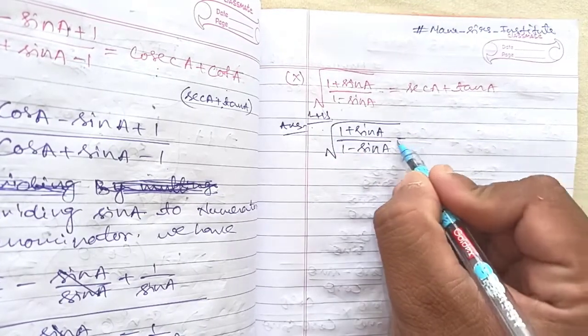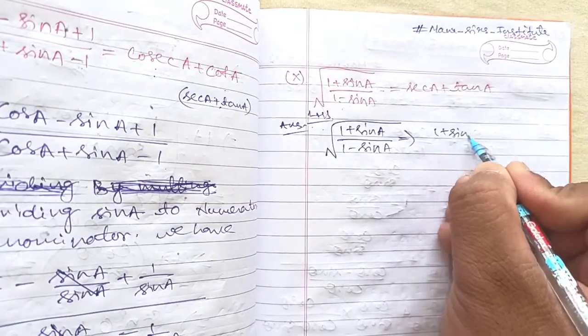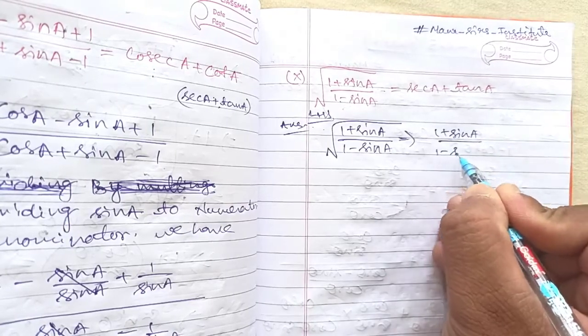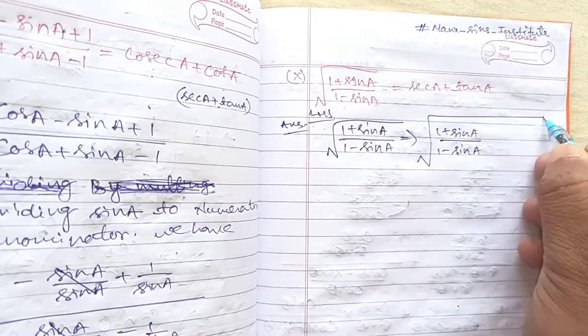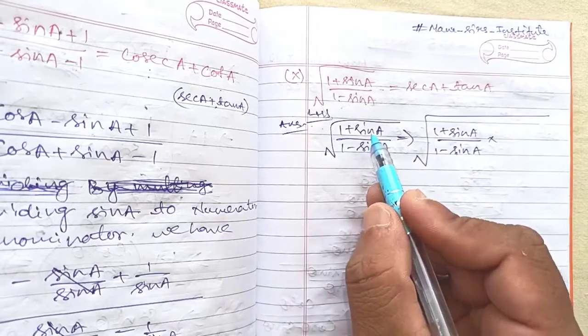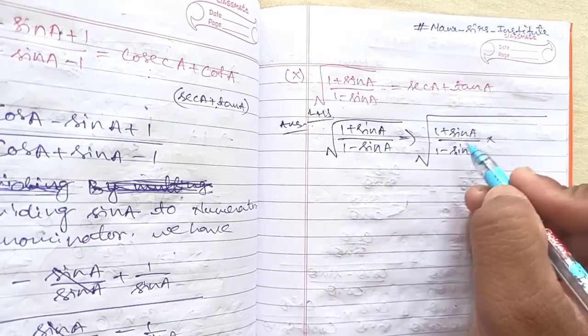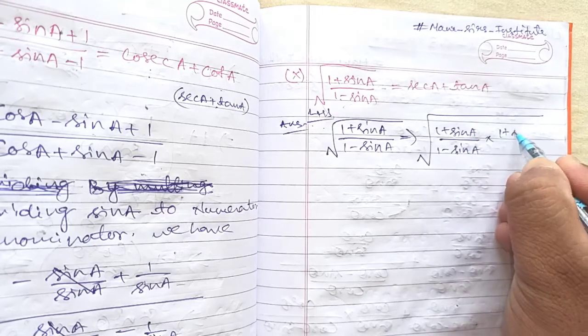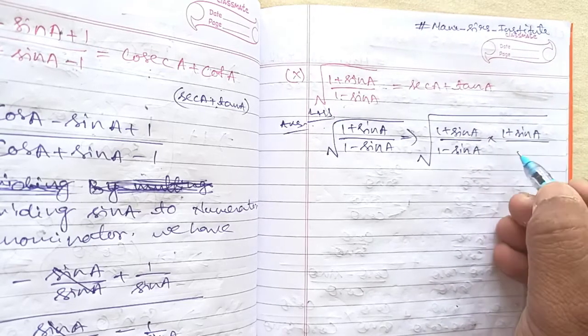Now, 1 plus sin a divided by 1 minus sin a, inside the root, there is no square. To get a square you rationalize the terms, so that it will become a square root of a whole square.